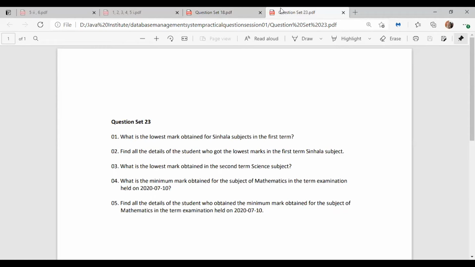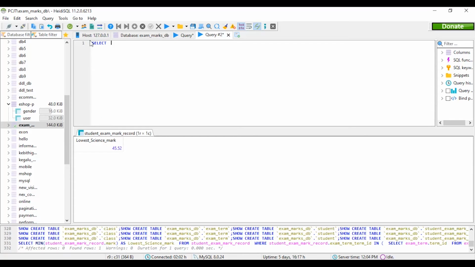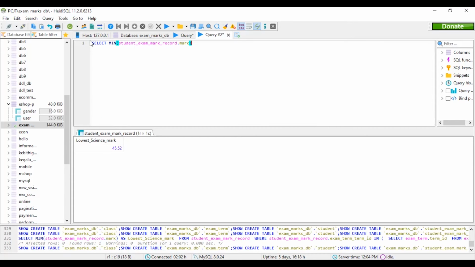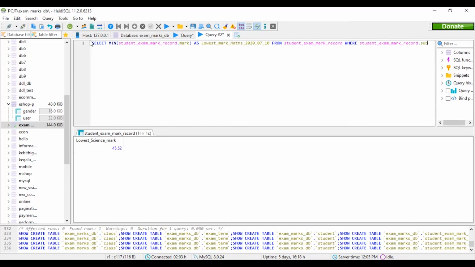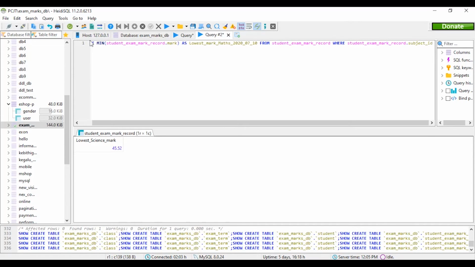And the fourth question is, what is the minimum mark obtained for the subject of mathematics in the term examination held on 2020 July 10th? And we are searching for the subject ID right now.